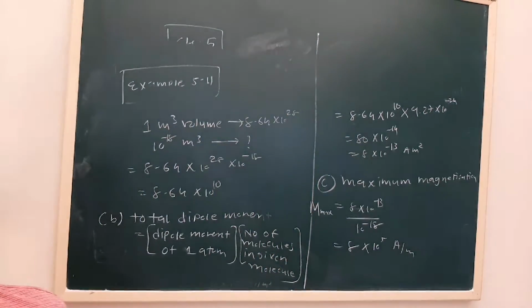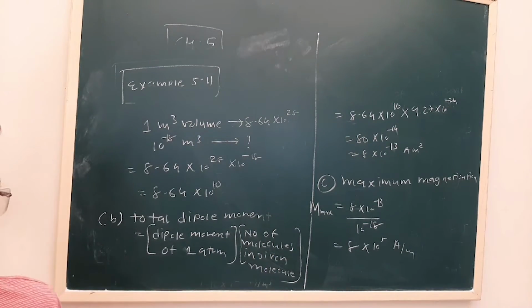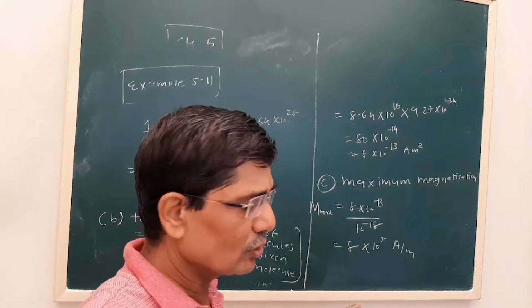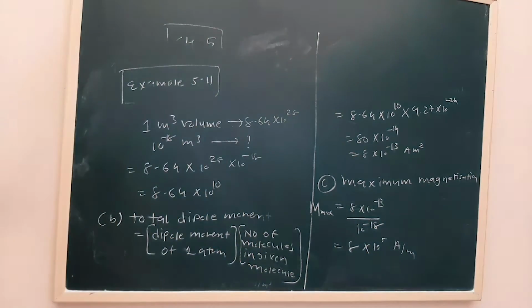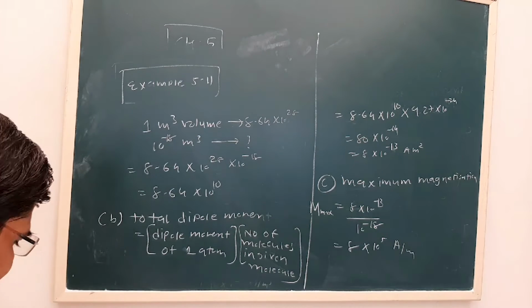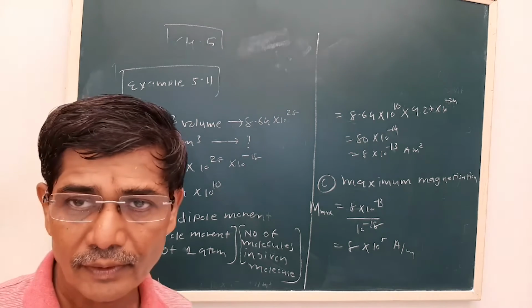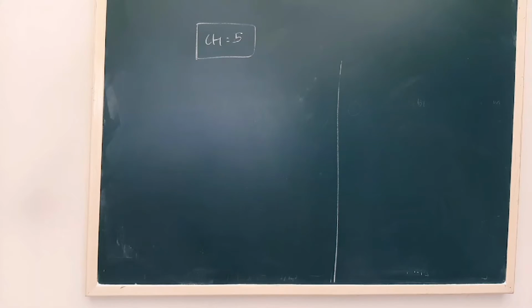From that we have obtained the total dipole moment. Okay, and the dipole moment per unit volume, that is a given volume, is the maximum magnetization. So this is example number 5.11. So now with that we have completed.